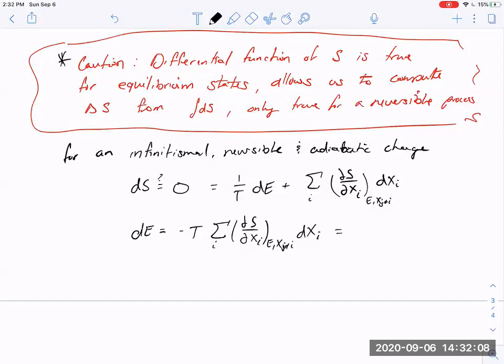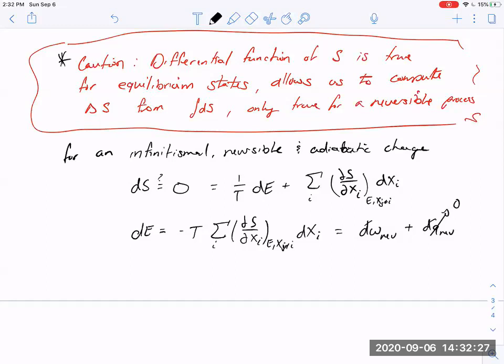That's just rearranging the line above it. But dE from the first law is also how the work is accumulated plus how the heat is accumulated. This adiabatic change means that there is no heat.